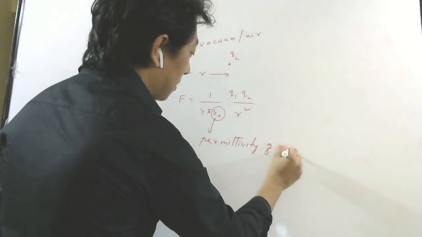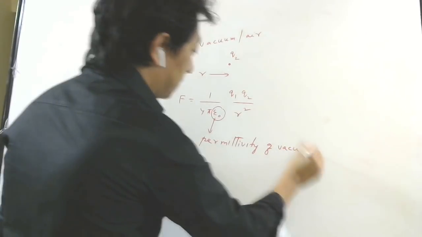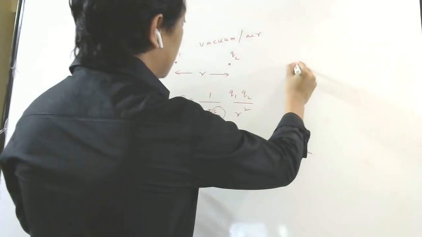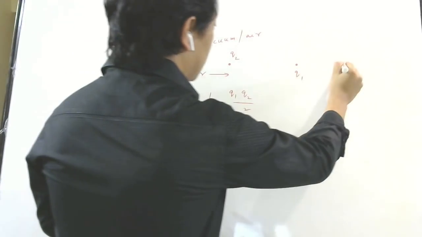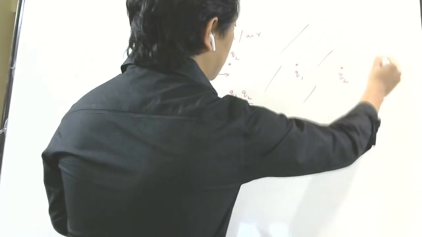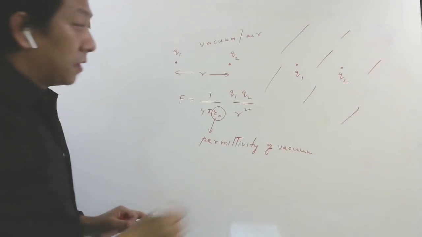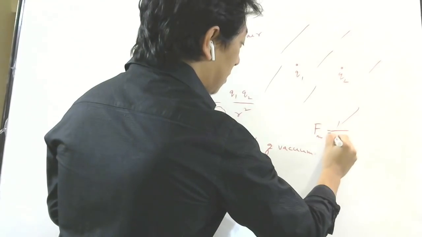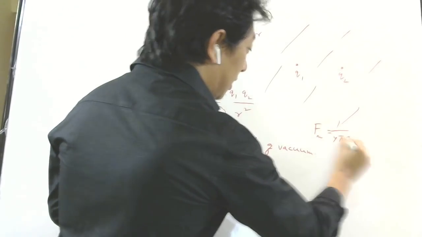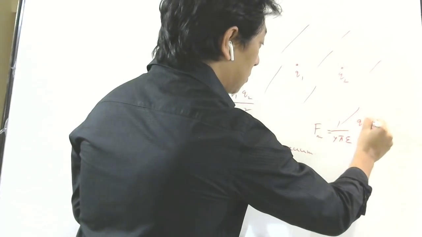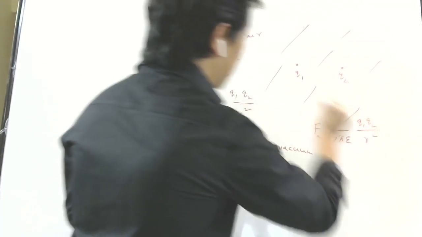Then I told you if the entire space is filled with another medium, not vacuum, then we write the formula in medium as 1 by 4 pi epsilon, not epsilon naught, Q1 Q2 divided by R square.